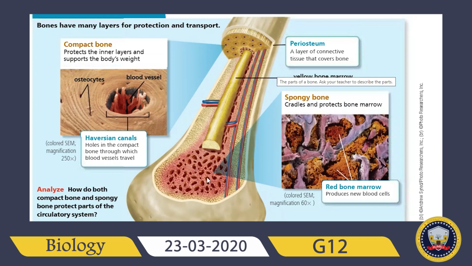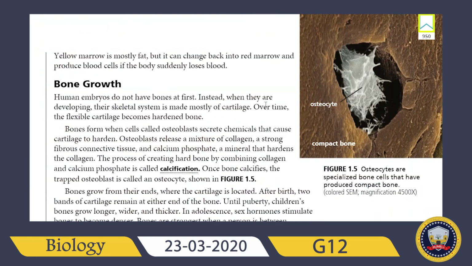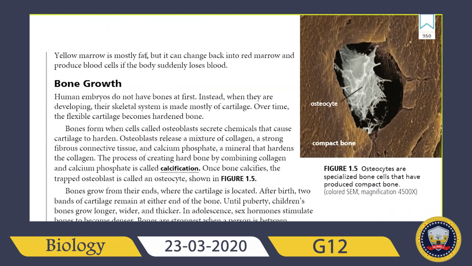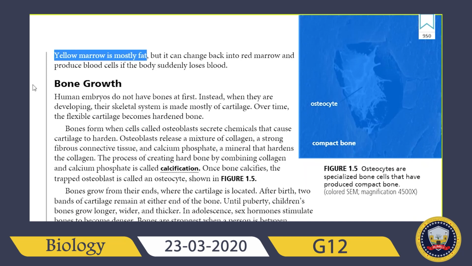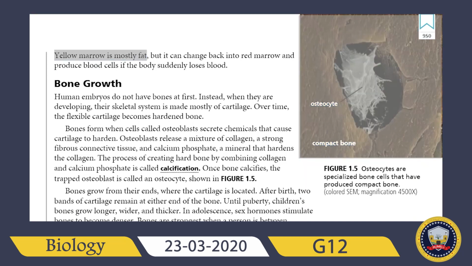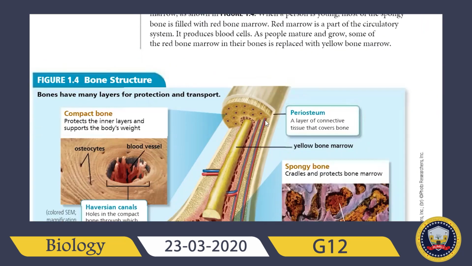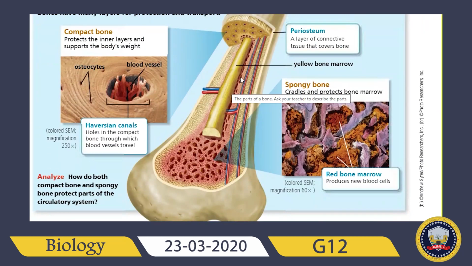Once this needs replenishing, the yellow bone marrow cells will turn into red bone marrow cells. Good. Now, yellow marrow is mostly fat. That's why in many cultures it's a cuisine where they eat the yellow bone marrow.